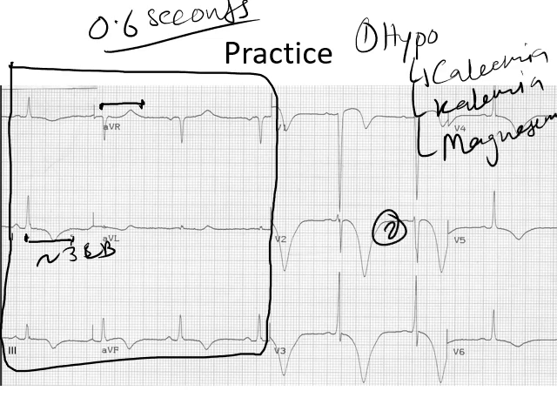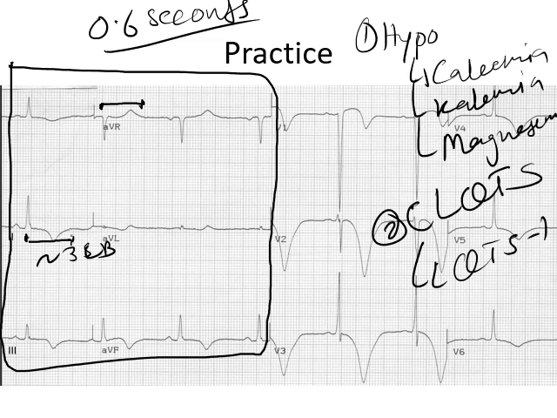Then there comes a group of disorder called as congenital long QT syndrome. There are 3 types of congenital long QT syndrome: LQTS 1 to 3. So these are the causes of prolonged QT that I want you guys to remember: hypocalcemia, hypokalemia, hypomagnesemia, and congenital long QT syndrome.